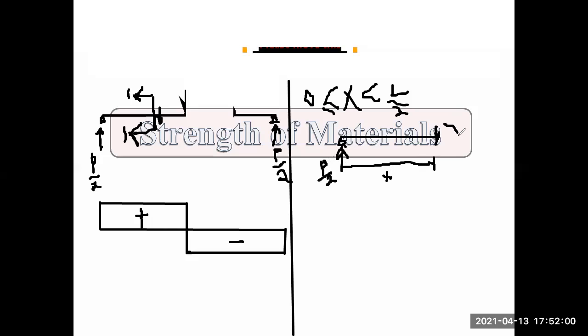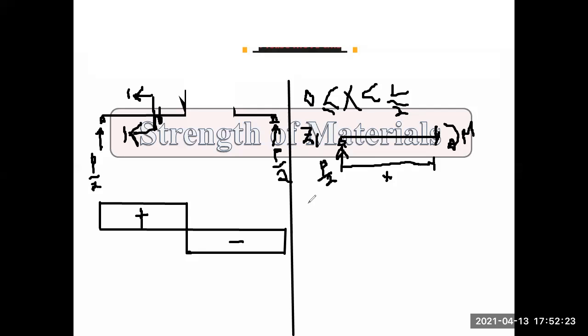I assume my positive moment is acting clockwise. So this is my moment, clockwise. I assume it that way. I don't know if it is wrong or not, but I assume it to be this way. Did I miss anything? No. So I consider this to be zone 1.